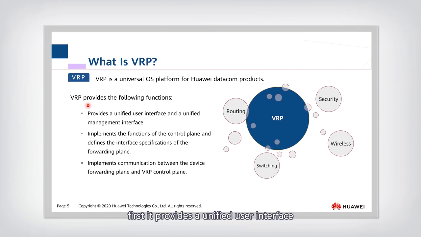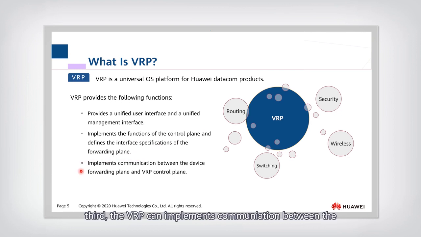First, it provides a unified user interface and a unified management interface. So although there are a lot of different Huawei devices, we can all use VRP as the unified interface to manage the devices. Second, VRP can implement the functions of the control plane and defines the interface specifications of the forwarding plane.